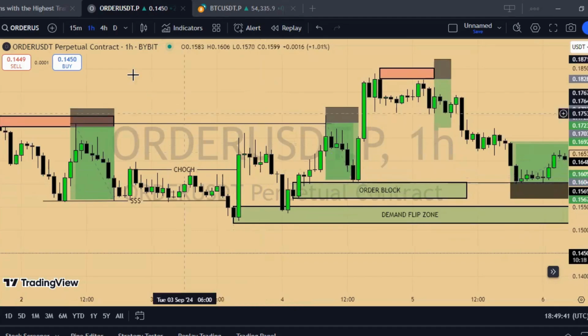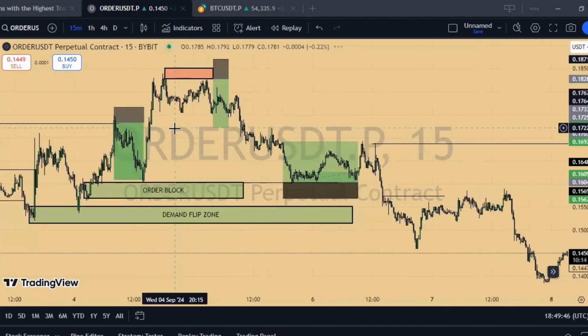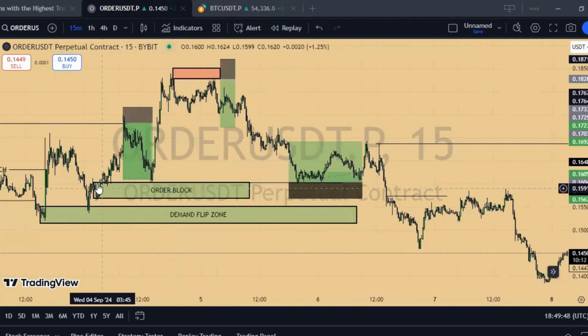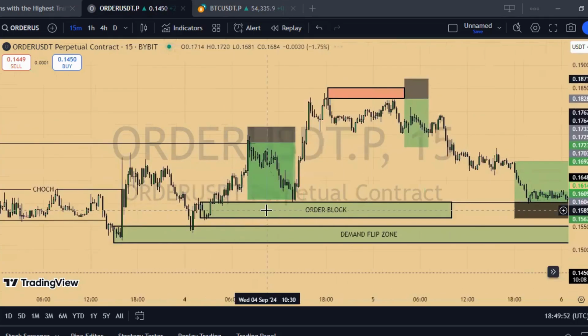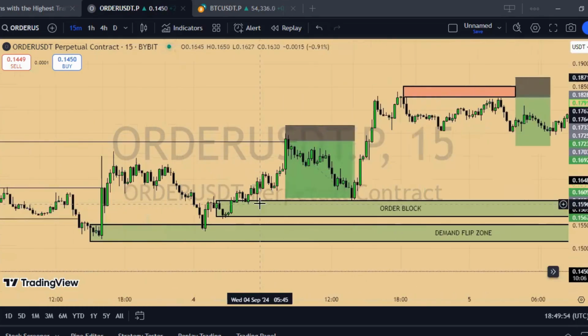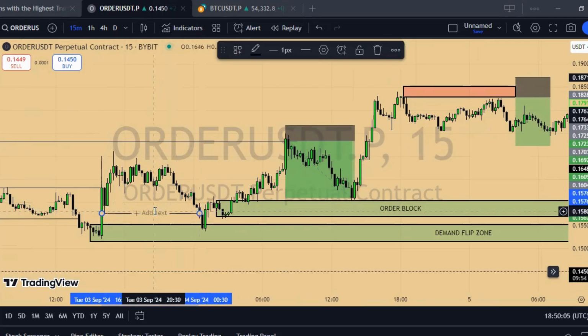Now, if you go to the lower time frame in this chart, you will discover that there's actually an inducement right here. This is my inducement.